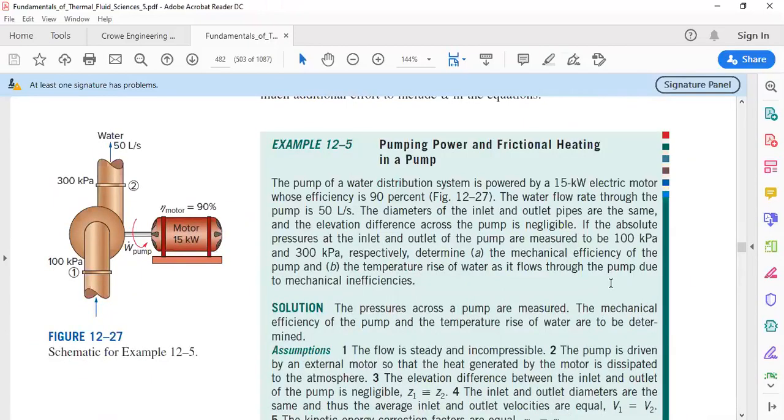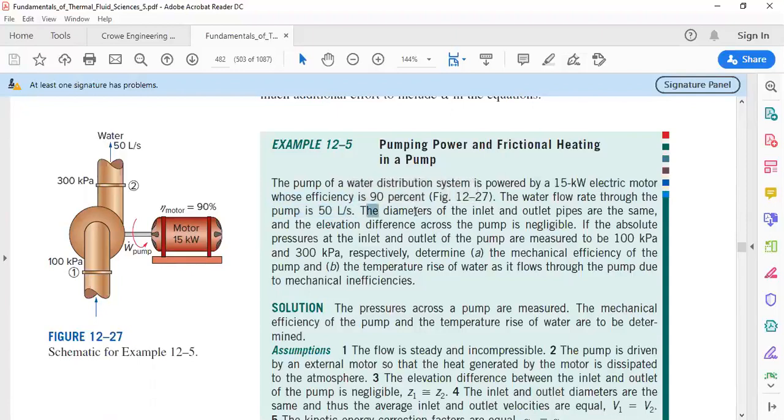Here in example 12.5, it tells us that the pump of a water distribution system is powered by a 15 kilowatt electric motor. That means the input electrical power to this motor is 15 kilowatts, whose efficiency is 90%. The water flow rate through the pump is 50 liters per second.